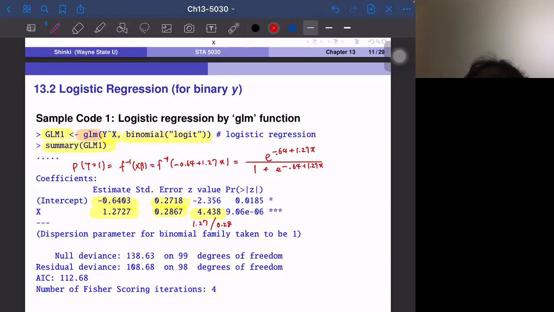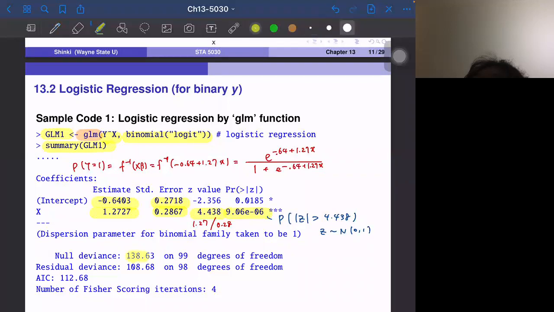So we rely on the asymptotic theory in statistics, and we use the normal distribution to calculate this p-value. So basically this is the probability that the absolute value of z is larger than 4.438, and here z is normal 0,1. Then you can see this is highly significant.